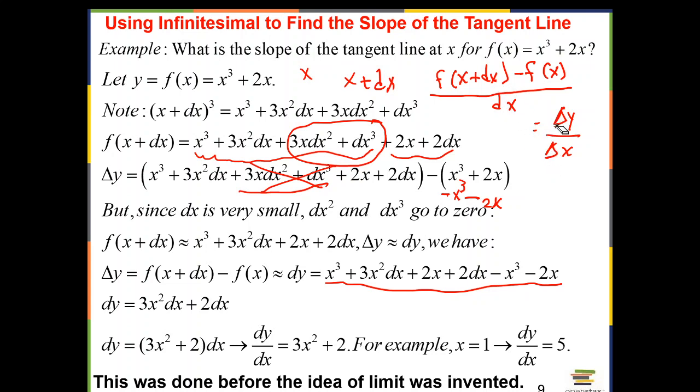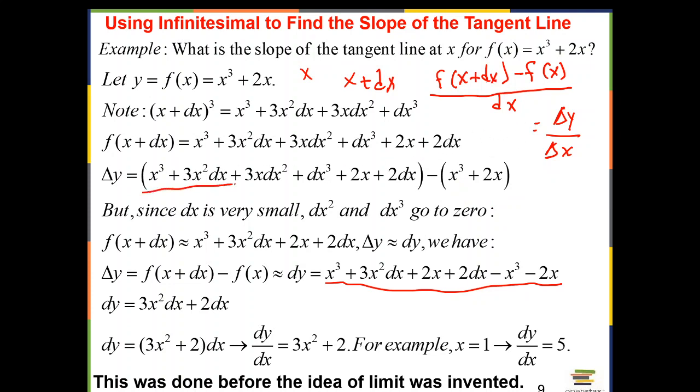But delta y, according to this argument, is not the same as dy. Delta y would be if you take this whole thing and subtract that from it. But they argued that we're going to ignore this part of it, and now we can call this dy.